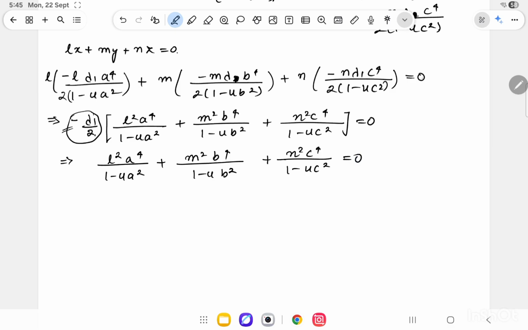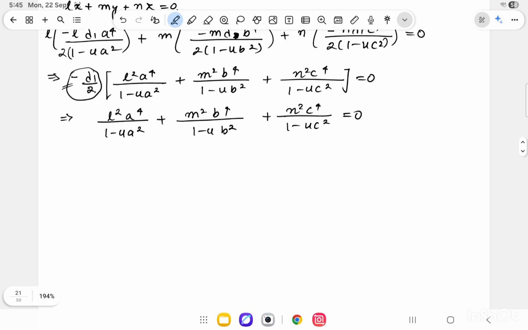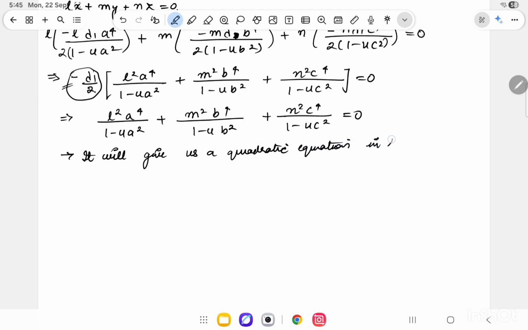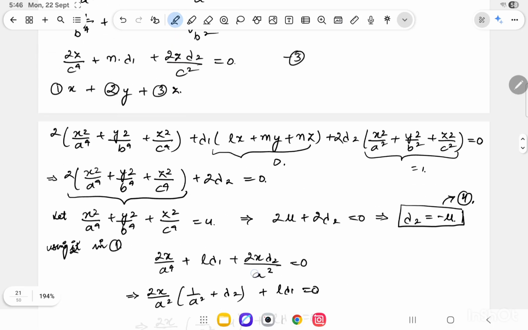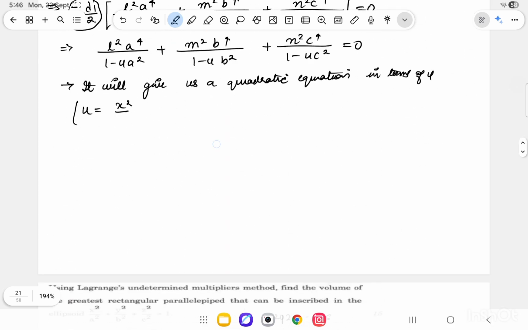So if you will take its LCM and simplify it, you will see that it will give us a quadratic equation in terms of u, and we have assumed our u is equals to x square by a raised 4 plus y square by b raised 4 plus z square by c raised 4.